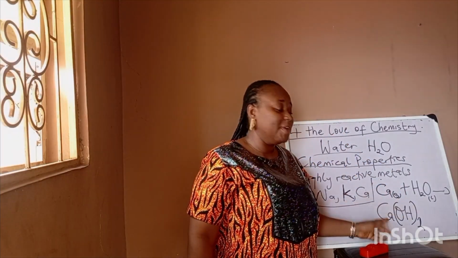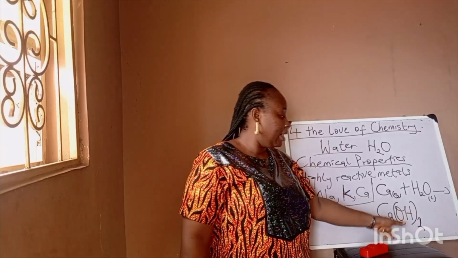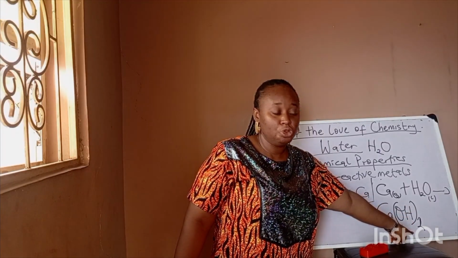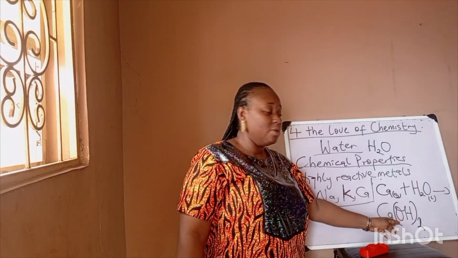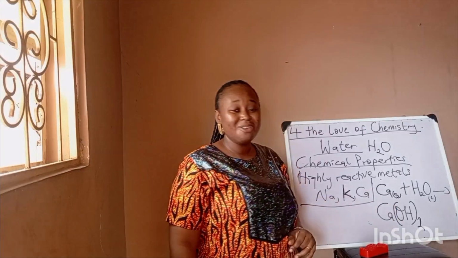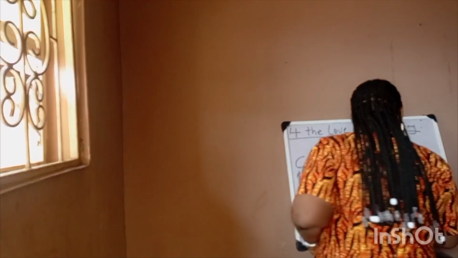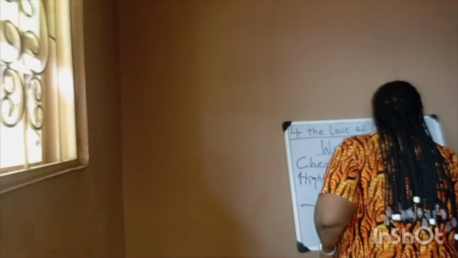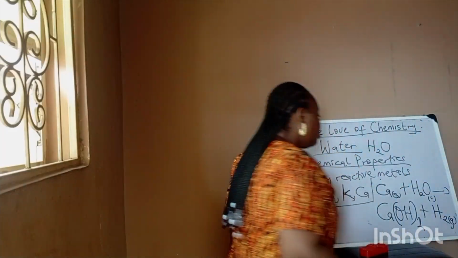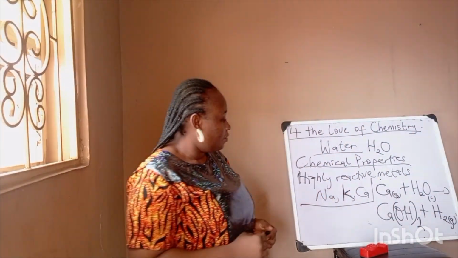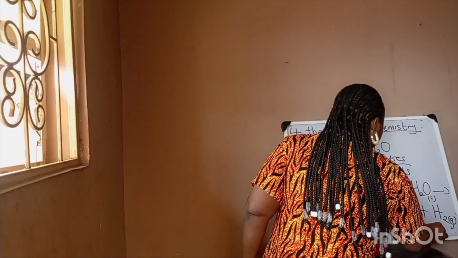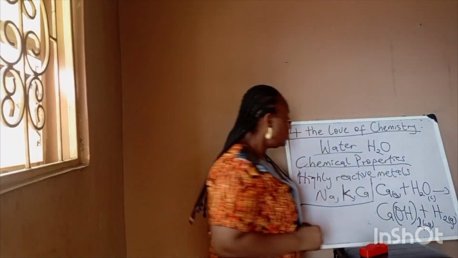When they exchange the valency, we put this bracket and then put 2 to show. Of course, this has a valency of 1. We don't write 1. So this is the correct formula for calcium hydroxide. And then plus our hydrogen that is to be liberated, and the hydrogen gas. And this is in aqueous solution, of course.